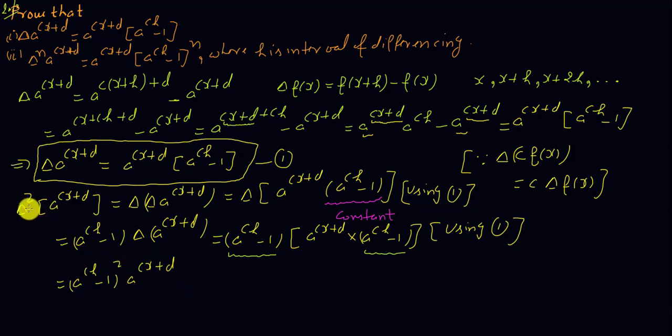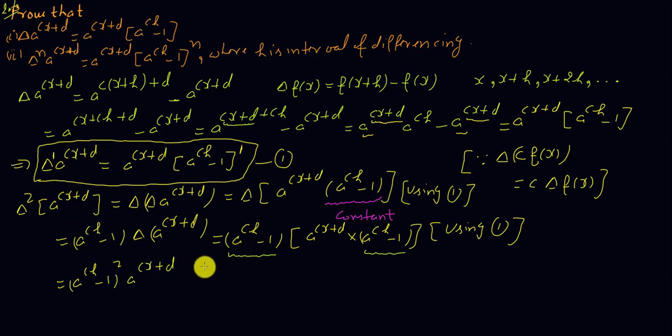Now look over here: when here is delta square, the power is 2, and when here is delta 1, the power is 1. Similarly, whenever here will be delta 3, here will be 3. When here will be delta n, there will be n.